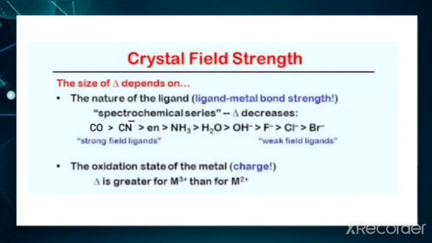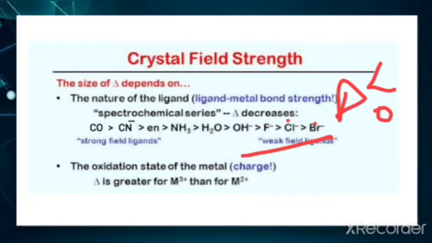But with a weak field ligand, like Br negative, Cl negative, in such cases the splitting is less. That is, the delta 0 value is comparatively less. So the crystal field splitting depends upon the nature of the ligand. The greater the strength of the ligand, that is a strong field ligand, the greater the splitting, and a weak field ligand causes less splitting.